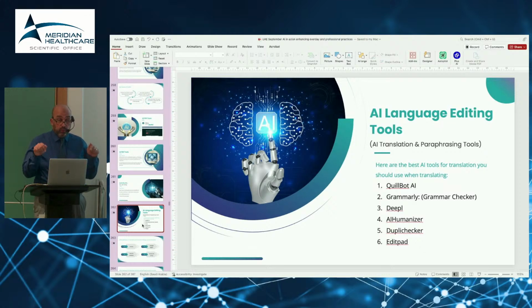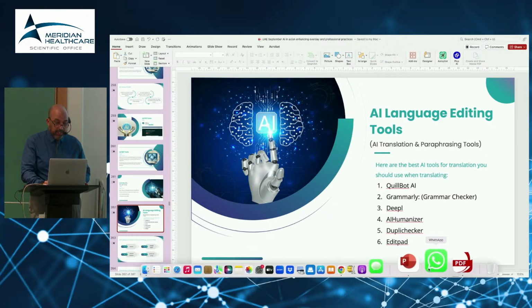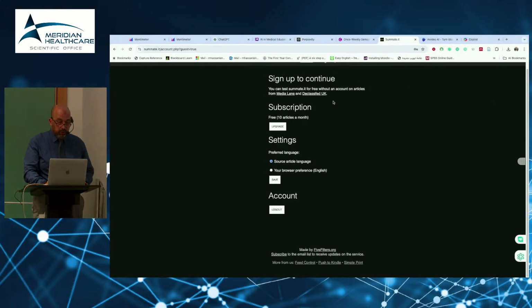And even those applications could be used to check if there is any AI-generated text. We have QuillBot, Grammarly, DeepL, Editpad, Double Checker, and we have another one, which is Paperpal. I usually use QuillBot. Let's show it to you.